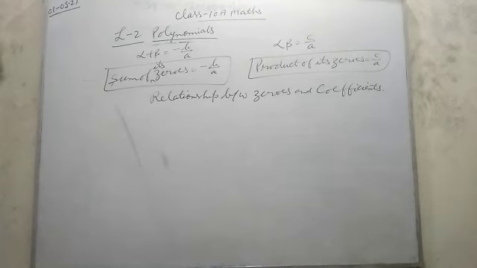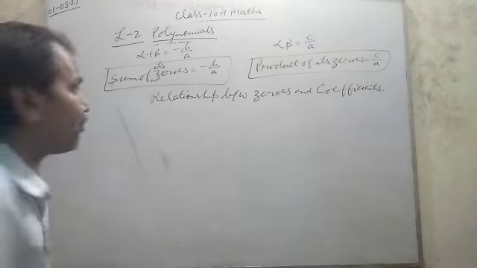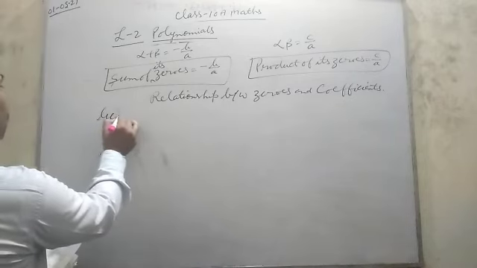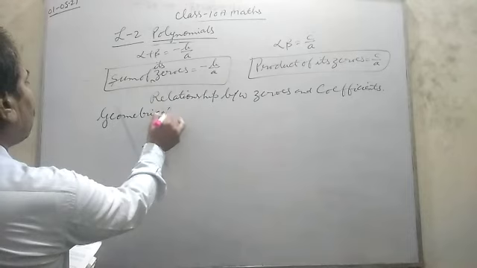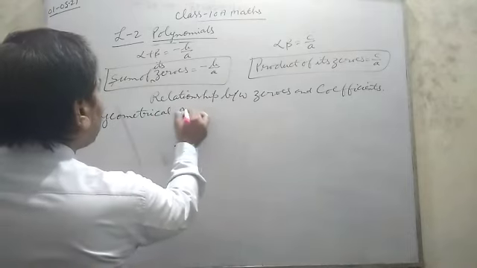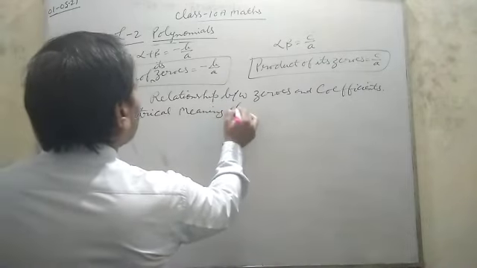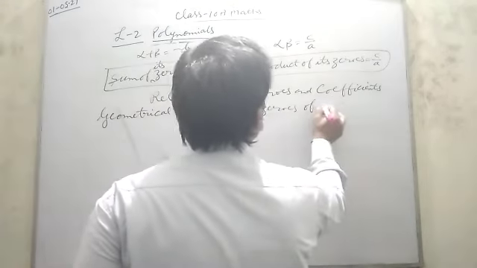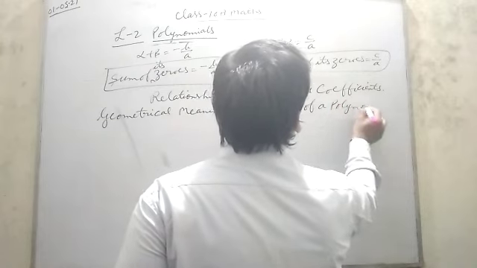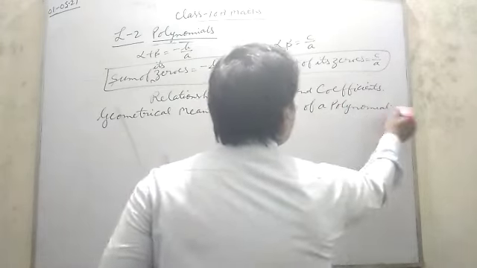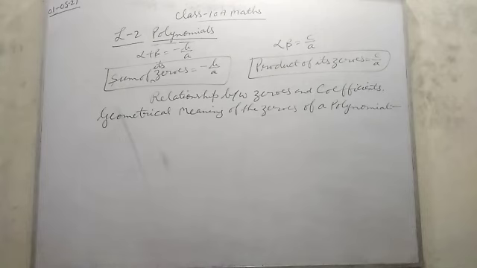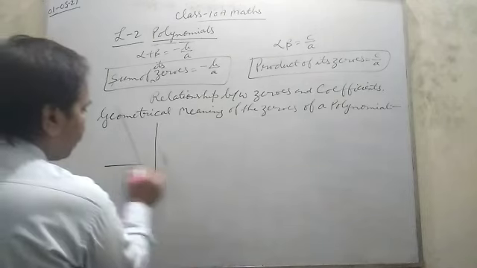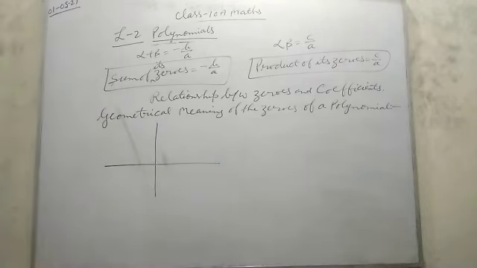Second concept: geometrical meaning of the zeros of a polynomial. This is about when the graph or curve is given, how to find the number of zeros.